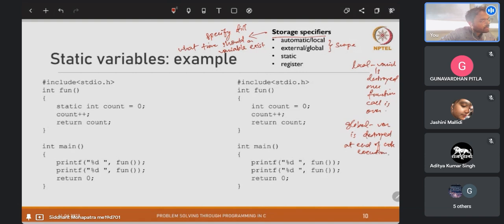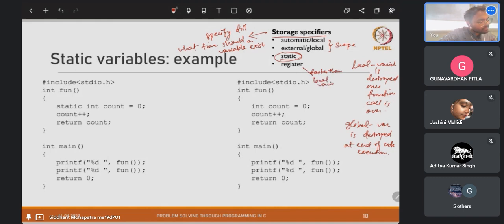Now we are going to talk about the static one here, and there is a special category of storage specifier, called register variables, which are supposed to be faster than normal variables, faster than local variables.